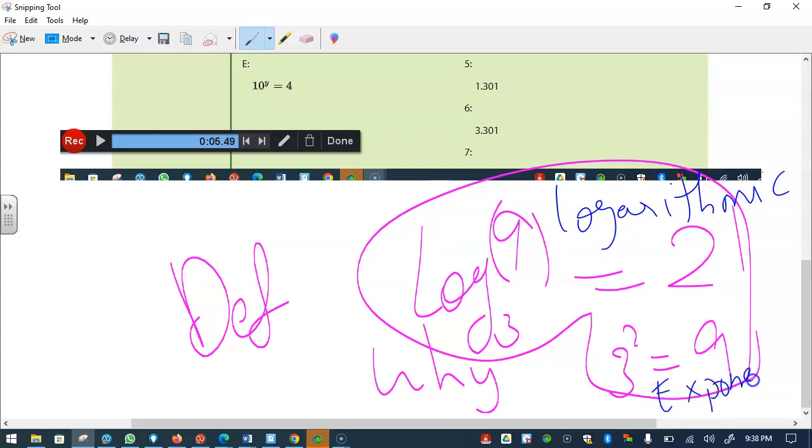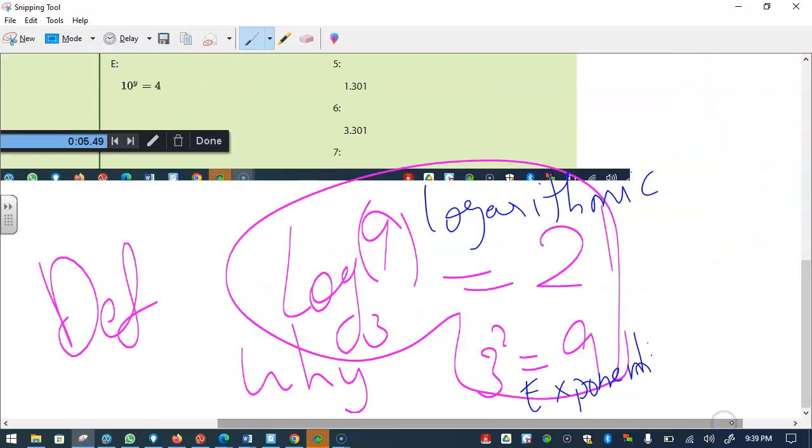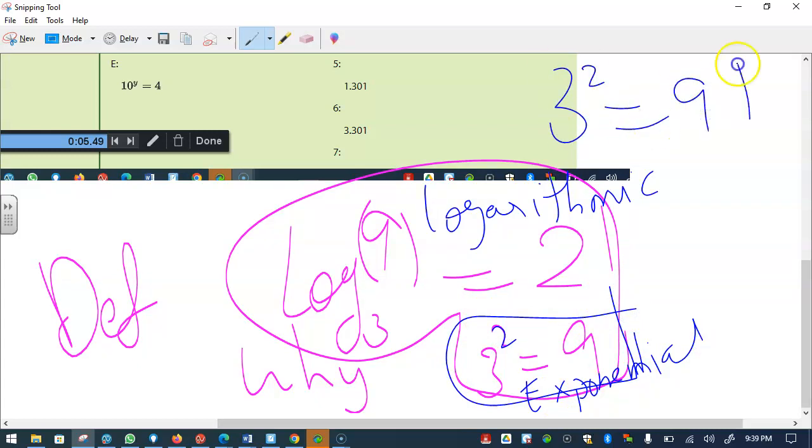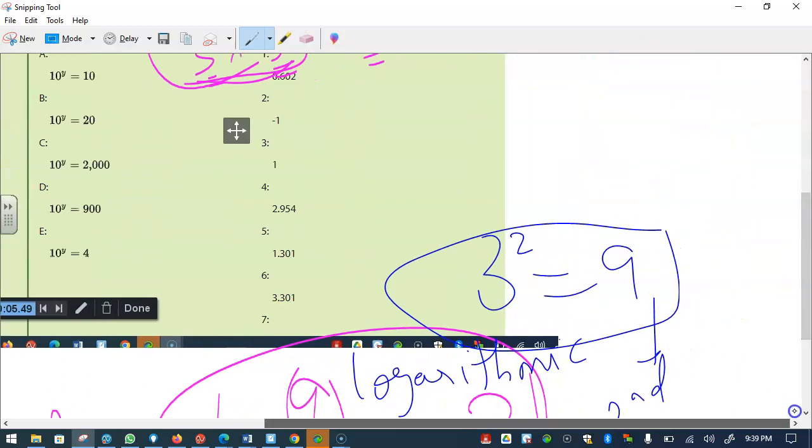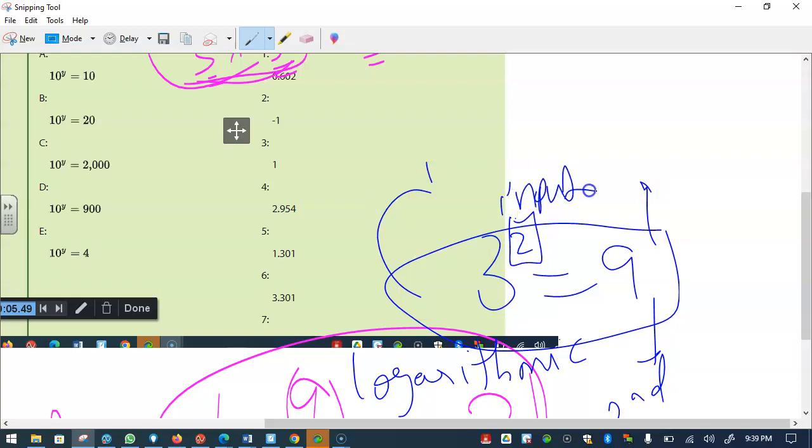In exponential form, it's 3 squared is 9. Even a second grade student knows 3 times 3 is 9. This one is the input, and that's the output.